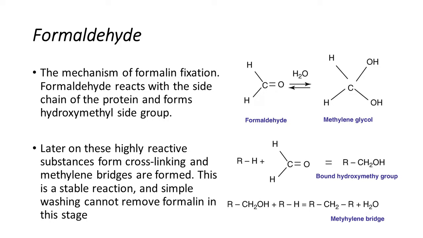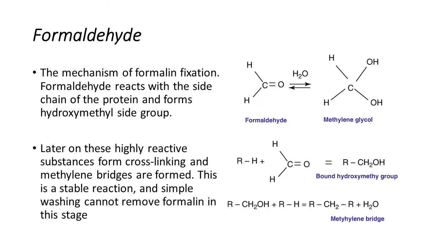The formaldehyde reacts with the various side chains of the protein and forms hydroxymethyl side groups. These compounds are highly reactive and subsequently cross-linking occurs by forming the methylene bridge.